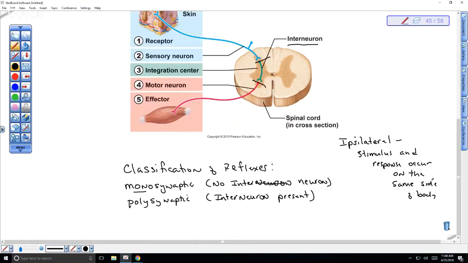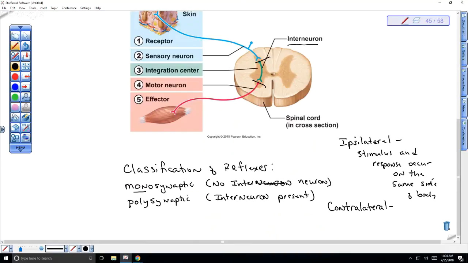And this is different from contralateral. Kind of running out of room here. The contralateral means that the stimulus is on one side and the response is on the other. So the stimulus is on the opposite side of the response. So contra means other side.